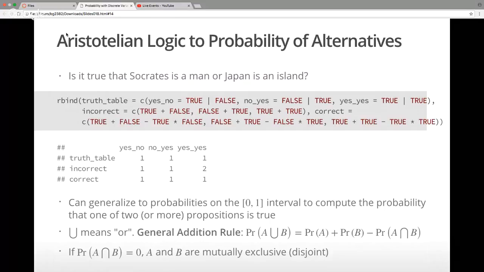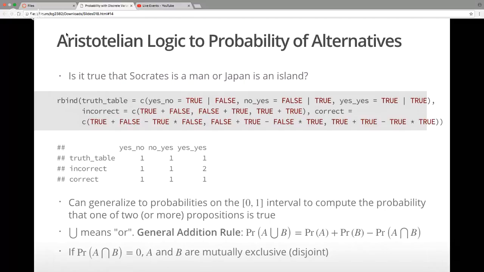So in the case of bowling, the number of pins knocked down on the same roll are mutually exclusive. You can't knock down 6 and 8 on the same roll. So the probability of getting a 6 or an 8 is just going to be the sum of the respective two probabilities. Questions about the addition rule?